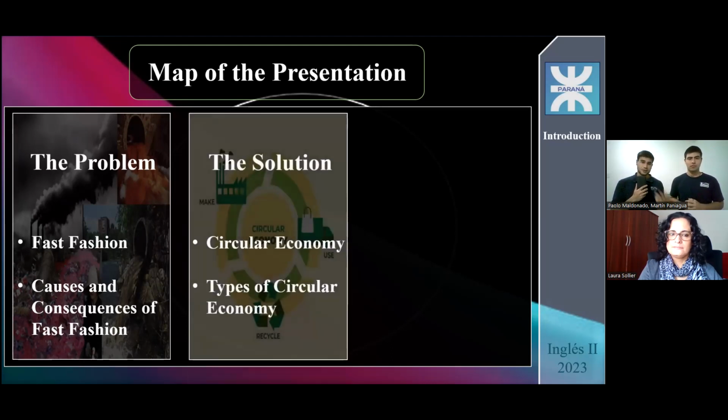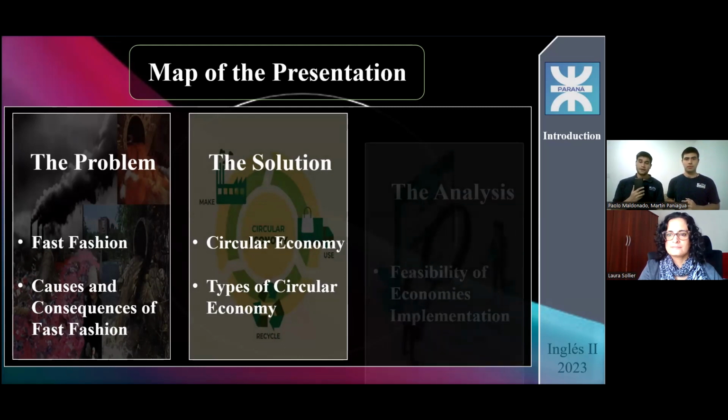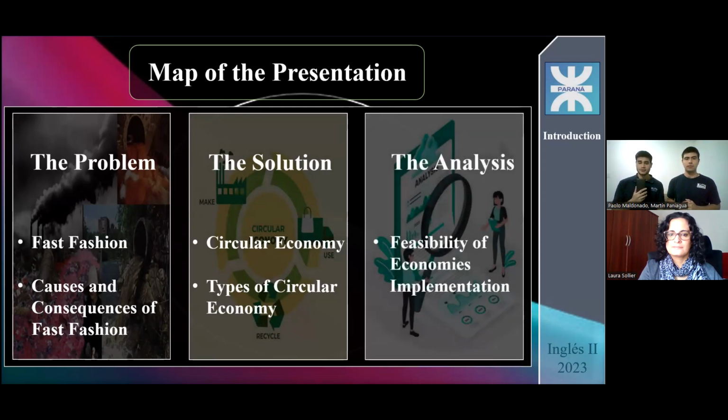In the second place, the model of production and consumption called circular economy is going to be described. Once explained, different types of circular economy are going to be introduced. Finally, an analysis and discussion about its feasibility in relation to this problem is introduced with the aim of raising awareness about the need to reduce textile pollution.